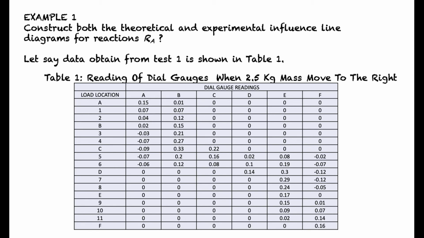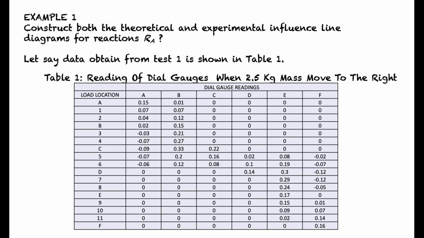So this is an example of how to construct the theoretical and experimental influence line diagram for a reaction, for example reaction A. So from the data sheet, since this is an influence line, the data sheet we require is either data sheet 1 or 2, but it must be obtained from test 1.